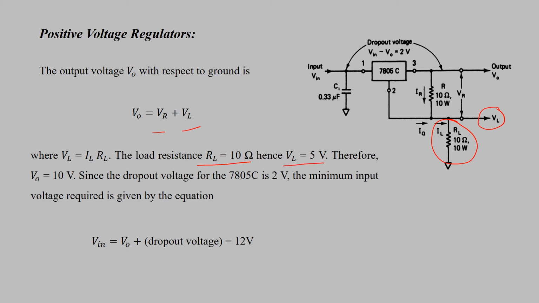Therefore, V0 is equal to 10 volt. Since the dropout voltage of the 7805 is 2 volt, the minimum input voltage required is Vin equal to V0 plus dropout voltage, that is 12 volt.